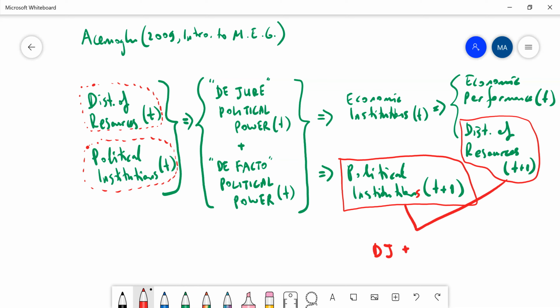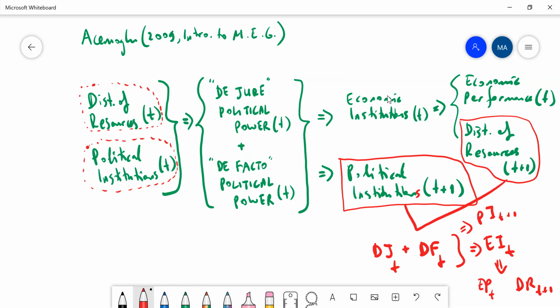De jure political power and de facto political power at t, and these determine economic institutions at t, and this determines both economic performance at t and distribution of resources at t+1, and also the political institutions at t+1. Okay, so that evolution continues in the long run, and as you see, it's a complex relationship.